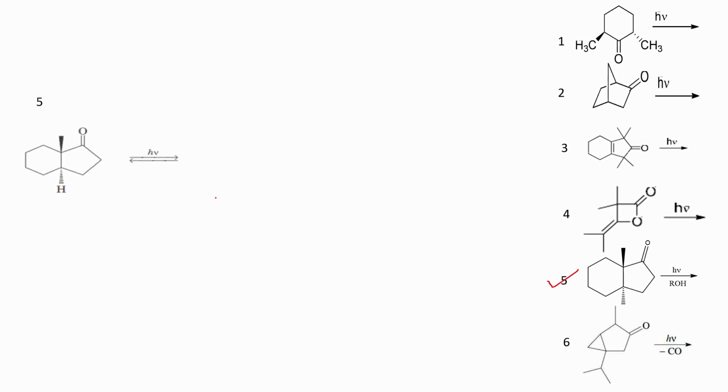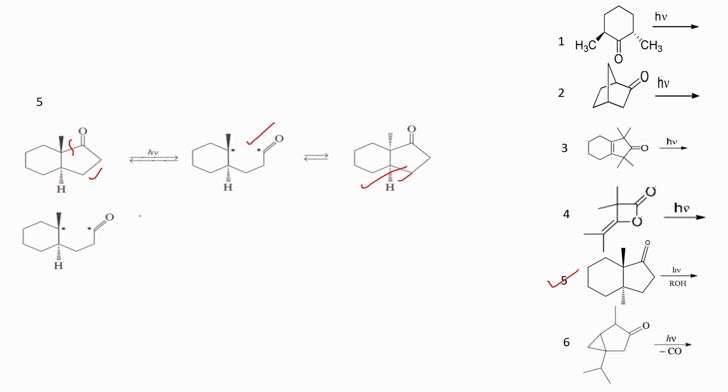In this example also, on photolysis, first of all the alpha bond cleavage takes place to form this biradical, and there is every chance for a ring closure reaction forming this molecule, but it is the original molecule with configuration getting inverted. Here it is trans, but after ring closure we will get the cis isomer.